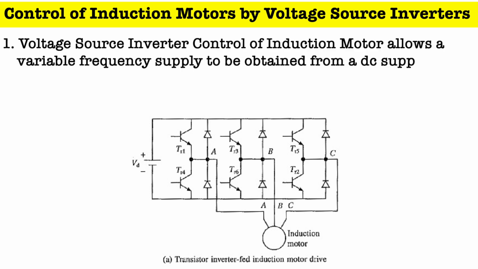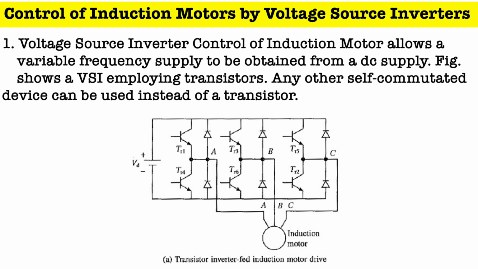Voltage source inverter control of induction motor allows a variable frequency supply to be obtained from a DC supply. The figure shows a VSI employing transistors. Any other self-commutated device can be used instead of transistors.